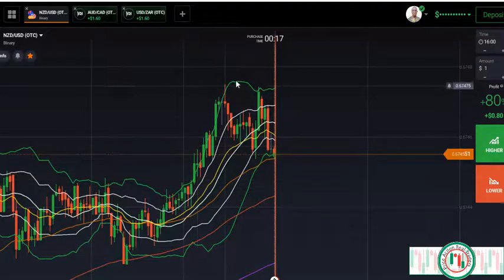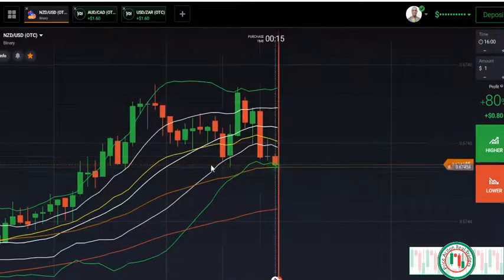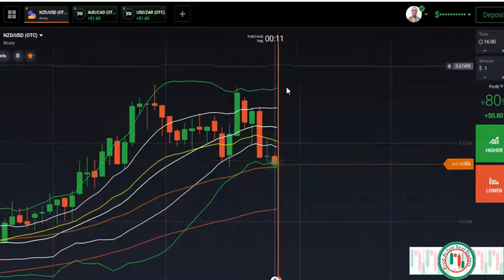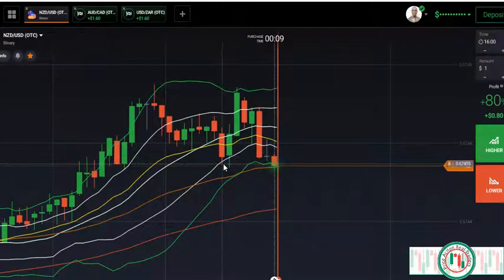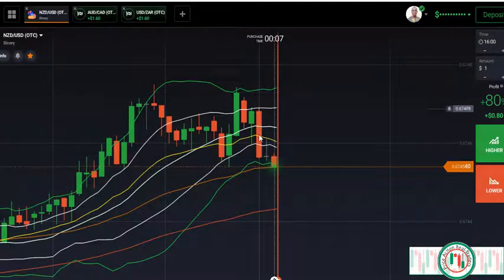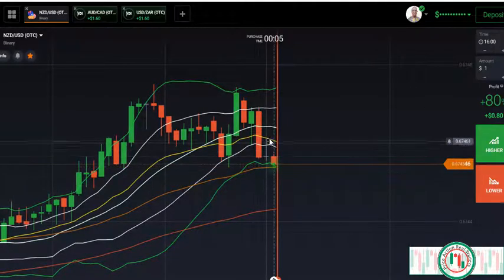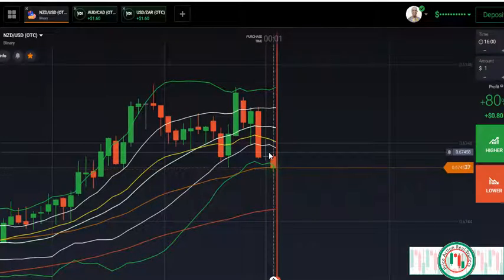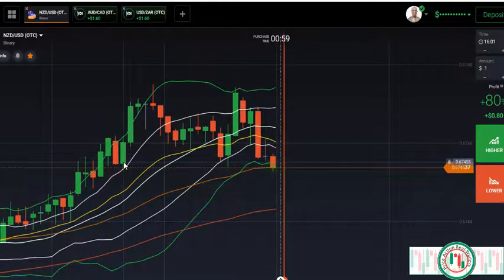Here is a strong uptrend. Here we are in this buyers area. So let's see what will happen with this candle. Strong sellers candle. Buyers enter here.